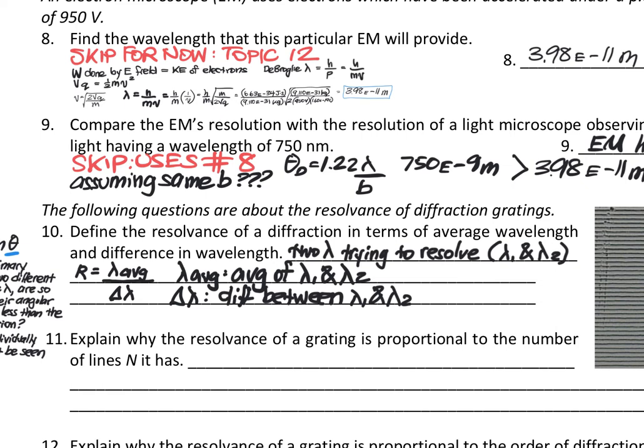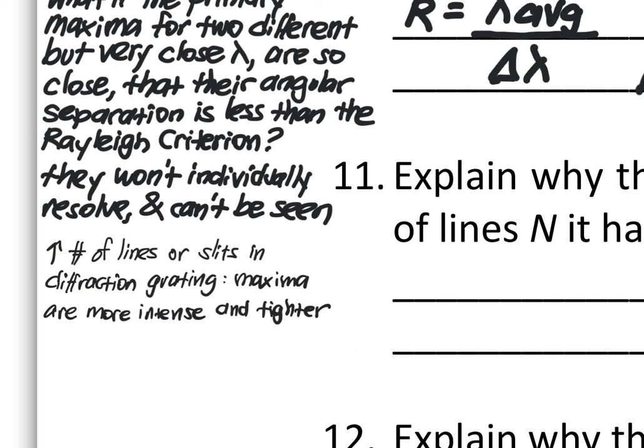Okay, that's what resolvence is, but what does that have to do with the diffraction grating? As you increase the number of lines for a diffraction grating, you can increase the resolvence. Remember from our talk about diffraction gratings that if you increase the number of slits, the maxima become more intense and more narrow.